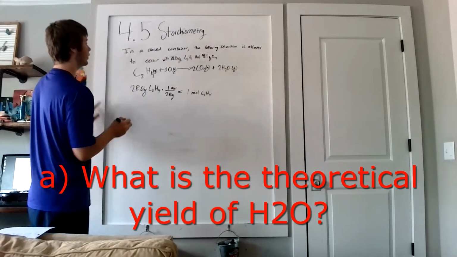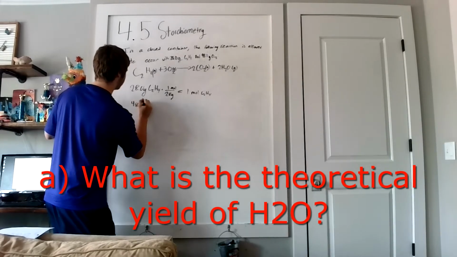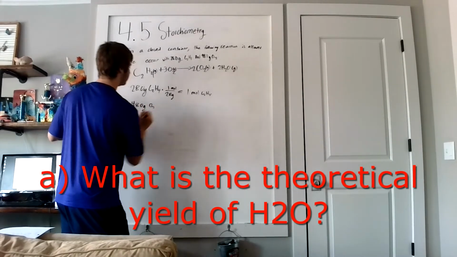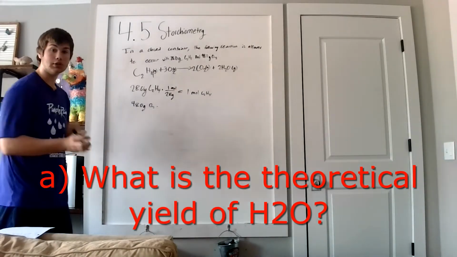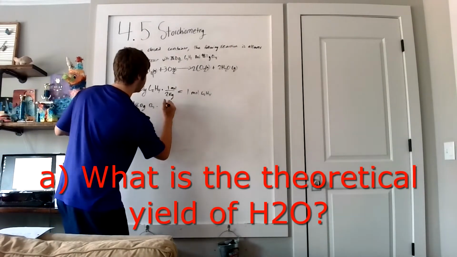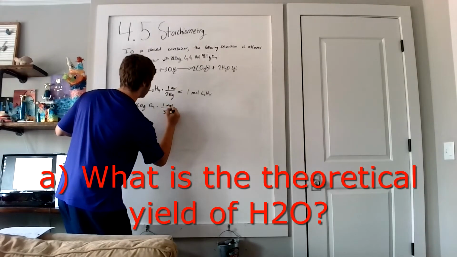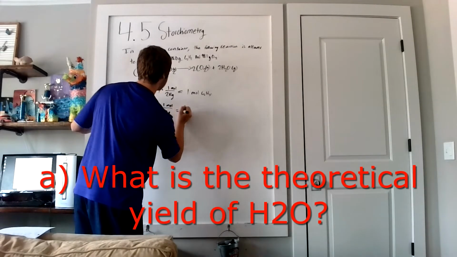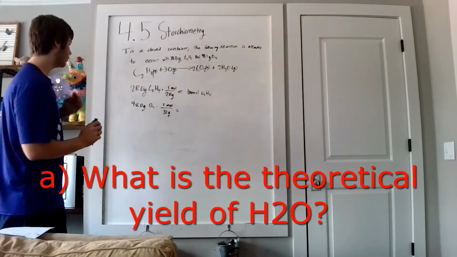And then we do the same for oxygen, where 48.0 grams O2 times the molar mass of O2, which is 32 grams per mole. So 1 mole per 32 grams equals, or this should have been 1.00 since we have 3 sig figs.